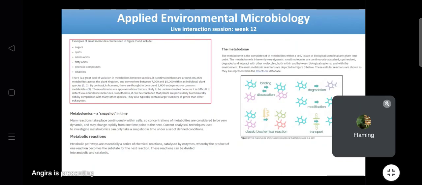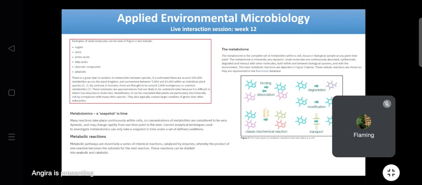As I said before also, when a cell is alive, there is a great deal of biochemical pathways going on inside the cell. And as a result, there is a great deal of variation in the metabolites produced between two species of cells, and therefore it is estimated that about 20 lakh metabolites are present in the plant kingdom, whereas 7,000 to 15,000 individual plant species are present, and in humans there are around 3,000 endogenous common metabolites.